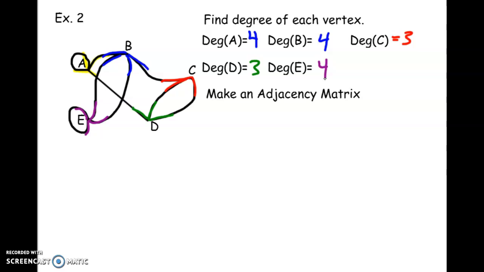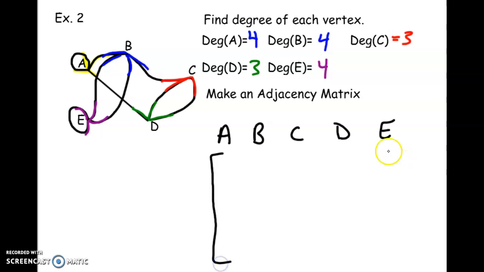Okay, so make an adjacency matrix. That's where we're going to write out our A, B, C, D, and E, whatever the names of your vertices are, and then see if they're connected.